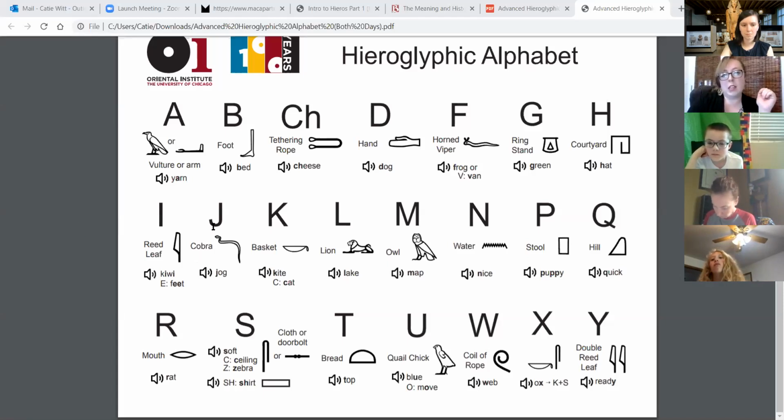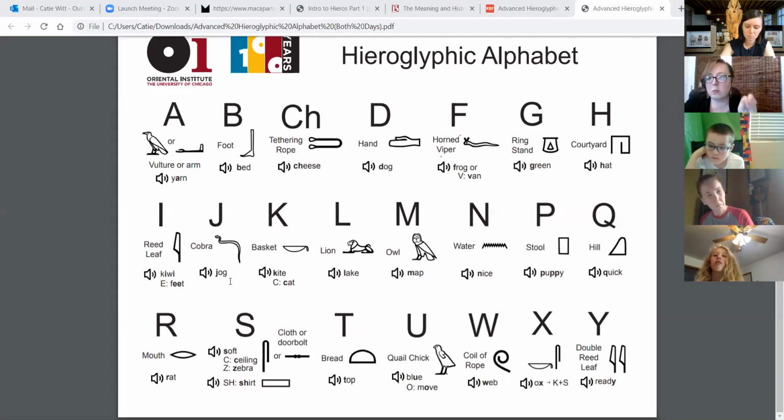Same thing with the J sound here. Sometimes when we as Egyptologists are transcribing things or writing them out in our alphabet, we use a DJ sound, to make sure that we're having a different sound quality than our regular G. So whereas we distinguish between G and J, the Egyptians would have too.